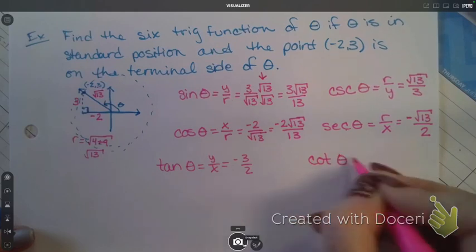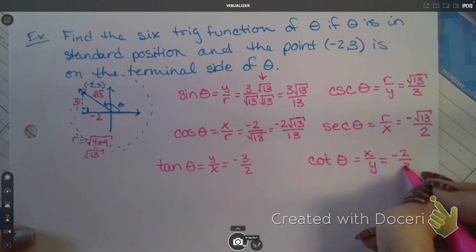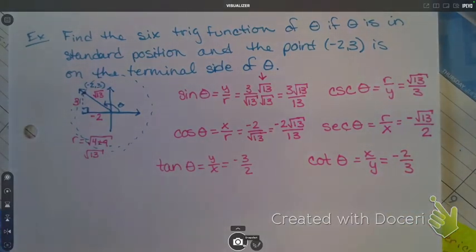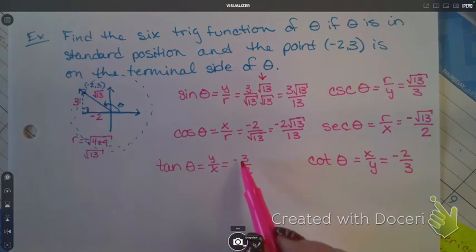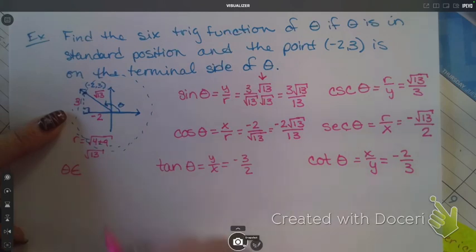Okay, so did you get -3/2 and -2/3? Okay, so the other thing is, again, on tangent, I put the negative in the numerator, but I know that theta lies in what quadrant? 2.